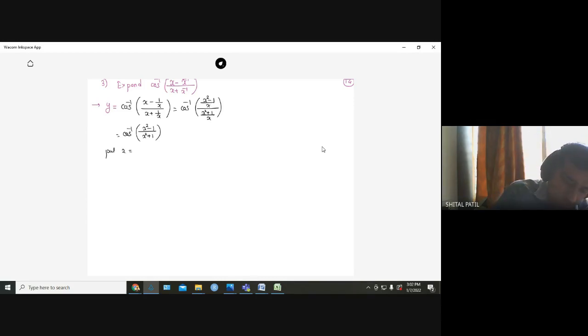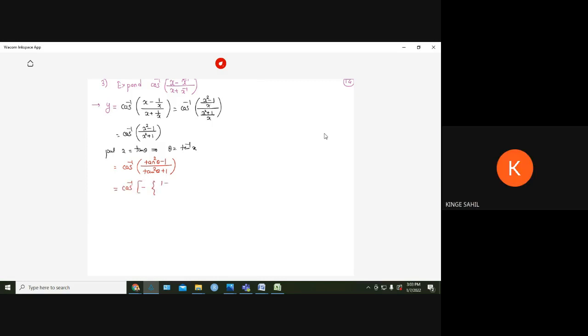So substitute x equal to tan theta, so theta is tan inverse x. It is required to take minus 1 common.